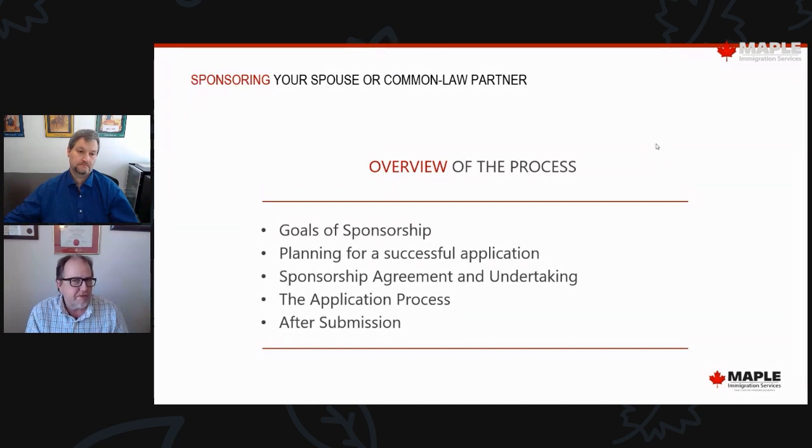Even if you gave biometrics for a previous immigration application, like a temporary resident visa or a work permit, that are still valid, you still have to do the biometrics again. It doesn't matter if you already have valid biometrics; for every permanent resident application, you have to redo them.